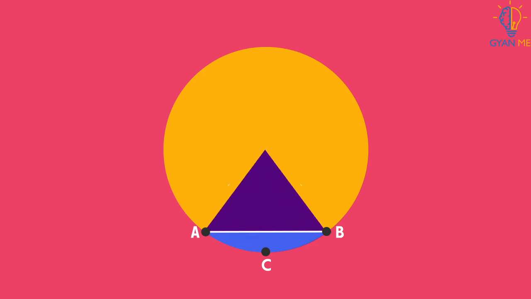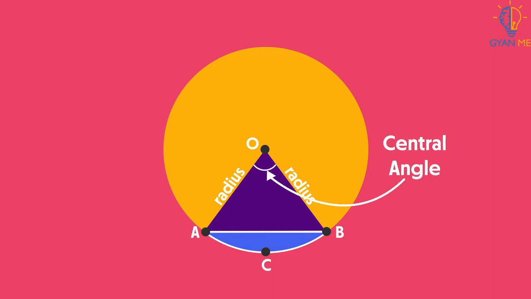Let us consider the minor segment of the circle, that is made by chord AB of a circle of radius r and center O. We know that every arc of a circle subtends an angle at the center, which is referred to as the central angle of the arc. Say the angle made by the arc ACB is theta.